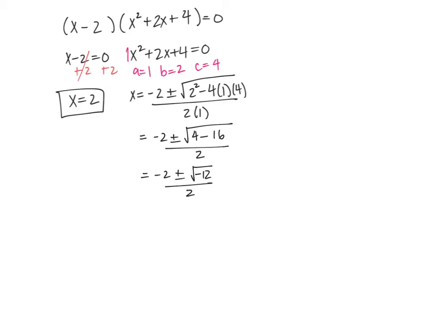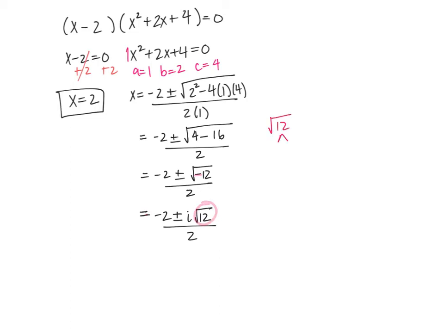So again, I see another negative inside the root. So I'm going to try to pull that out and make that imaginary. So anytime I have a negative under the root, I know it's an imaginary number. Okay, so my next attempt is try to simplify the square root of 12. Let's do that to the side here.